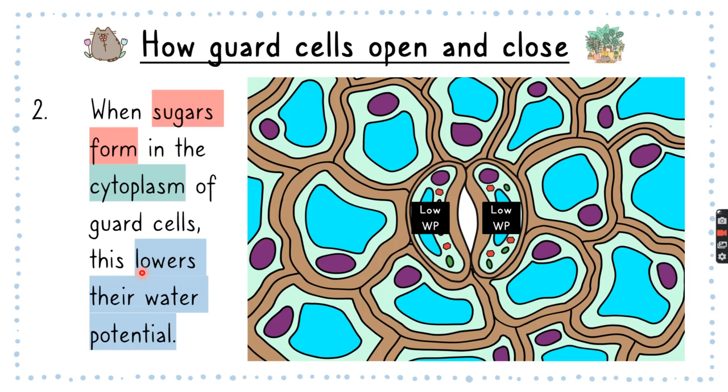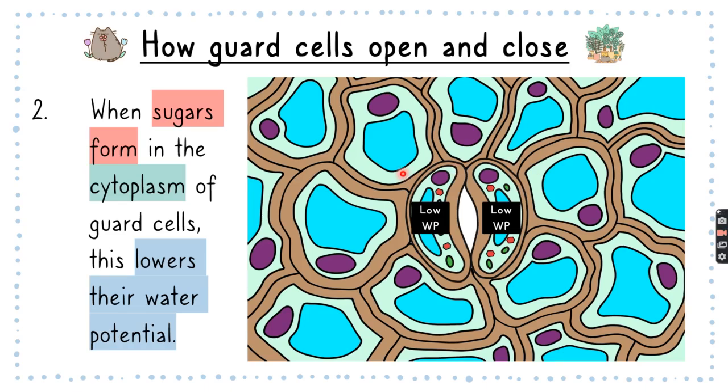If you remember, the cytoplasm is basically a solution, a jelly-like fluid, and when you have more sugar in there, it is more concentrated with sugar, and therefore the water molecules would not freely move, so we say that it has lower water potential.